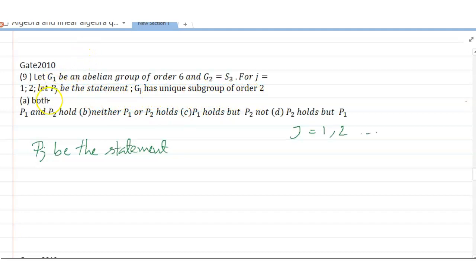So I have to check whether P1 and P2 hold. G_j has a unique subgroup of order 2.